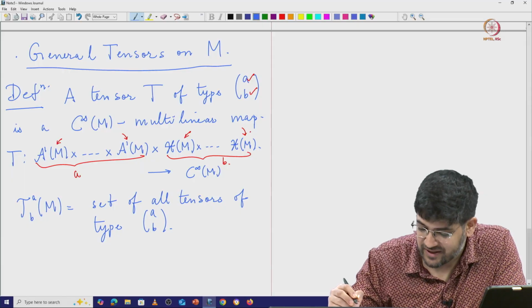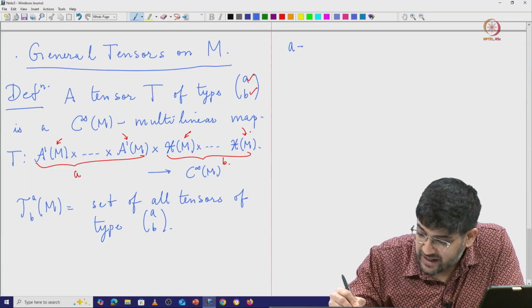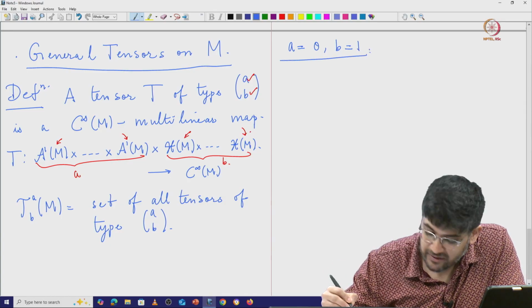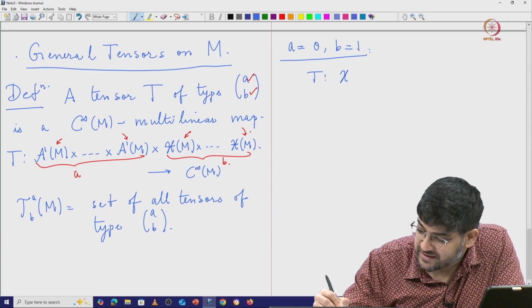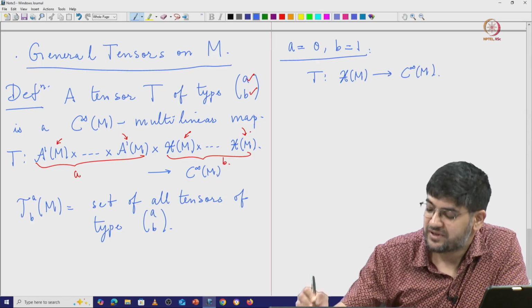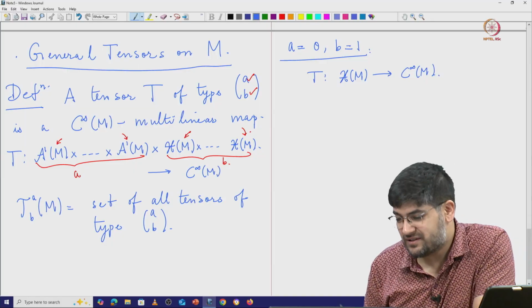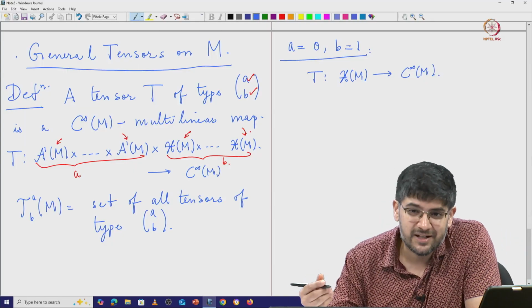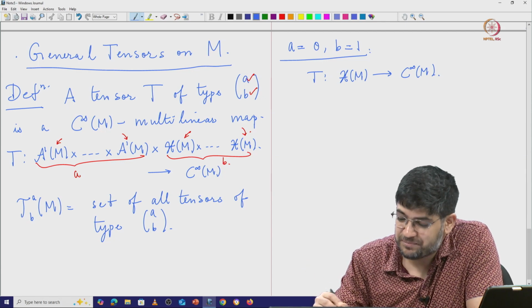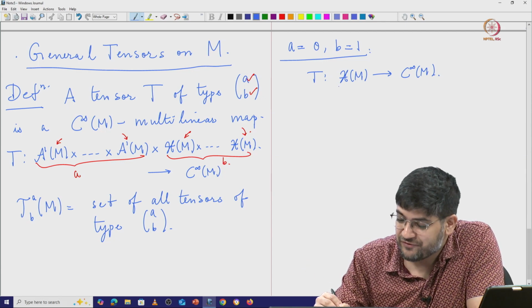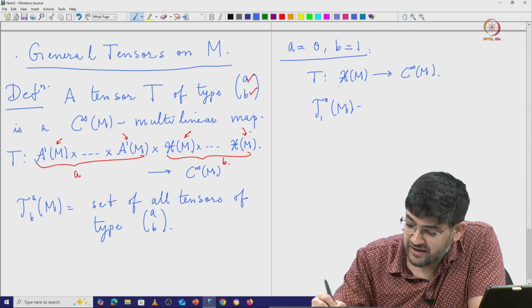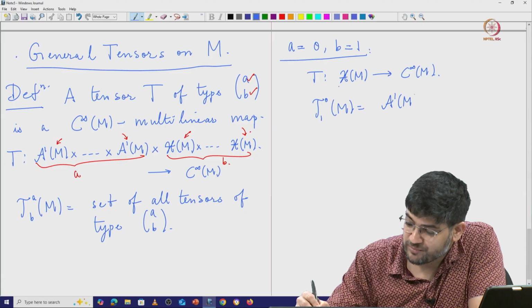For instance, if you take A equal to 0, B equal to 1, then a tensor is just a C infinity linear map from the set of vector fields to the space of smooth functions, but we saw that that's basically just a one form. So T01 is basically just the space of one forms.